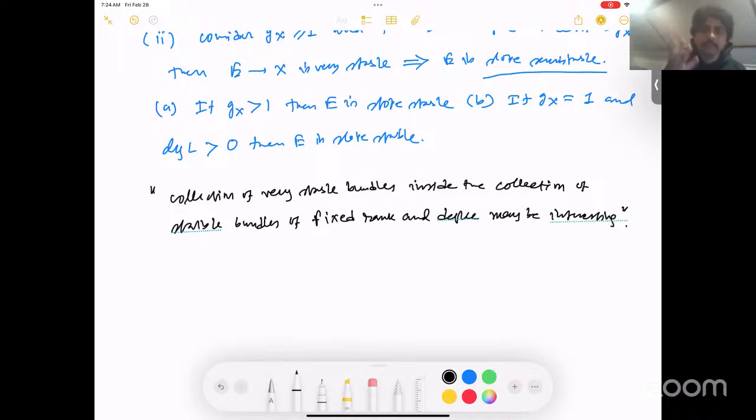Locus means something that has very good geometric properties, not just as a subset, but as some subvariety. Okay.